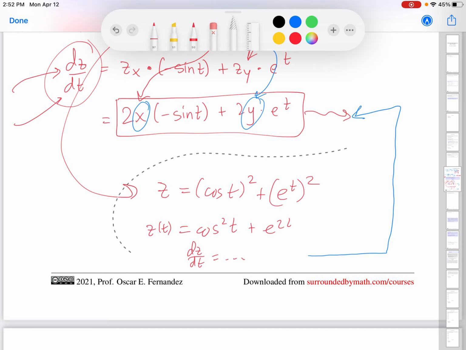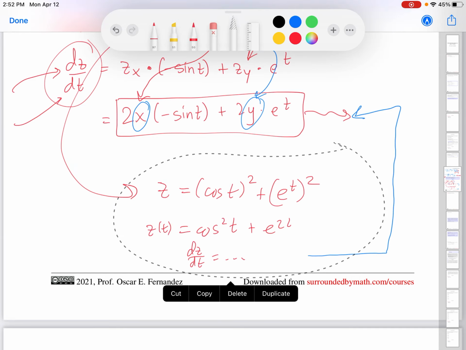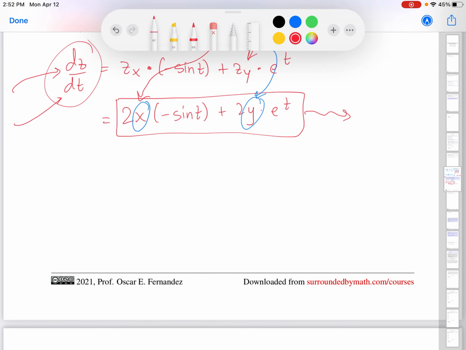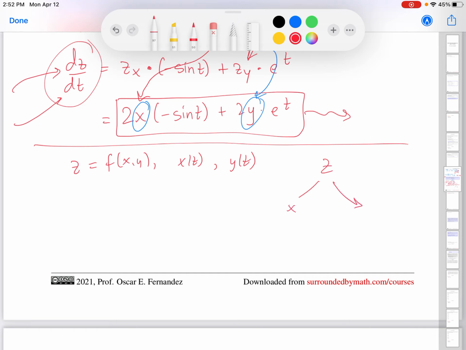We can say, okay, so I have in these assumptions, z as a function of x and y, and x is a function of t, and y is a function of t. So I can draw a little tree diagram that you'll see in many textbooks. So z is a function of x and a function of y.